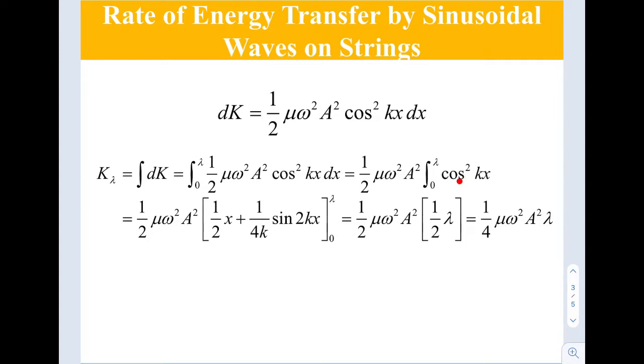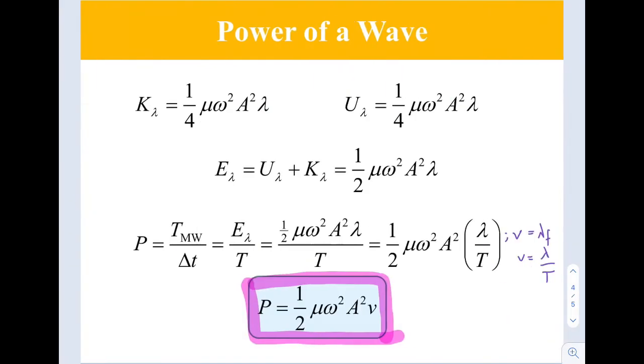Integrating the cos squared, you will get 1 over 4k sine 2kx. Then you substitute the limit 0 up to 1 lambda, so you will get this answer. Finally, you simplify these two parts and it becomes 1 over 4 mu omega squared a squared lambda. This is the kinetic energy just now.